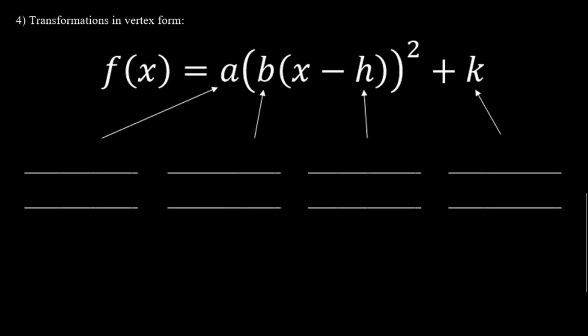So, A. What transformation was A in absolute value? It was your vertical transformations. Vertical.